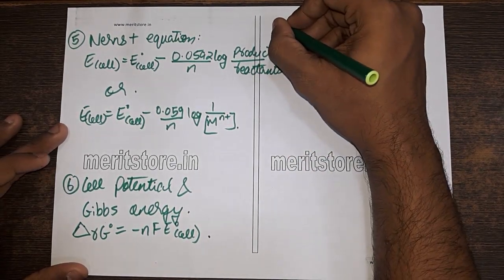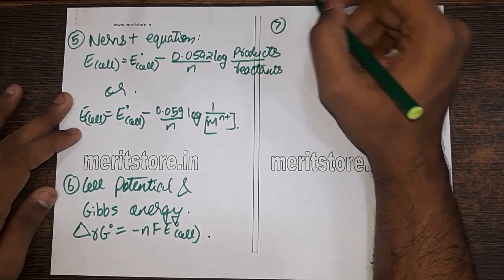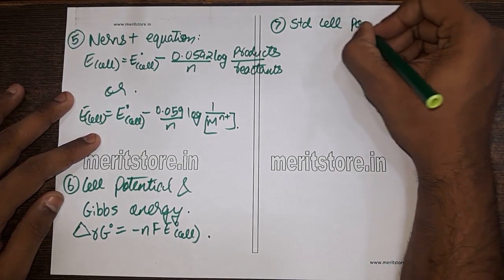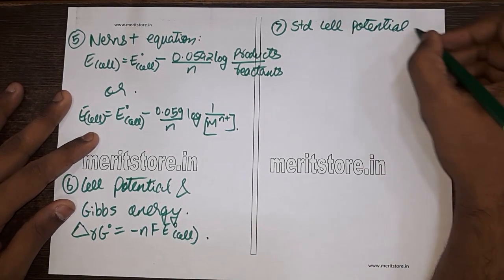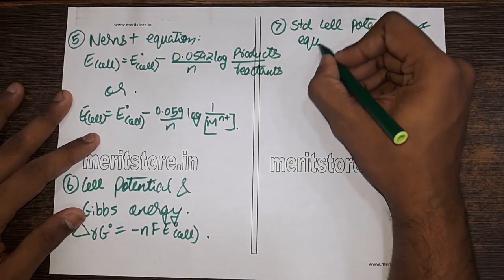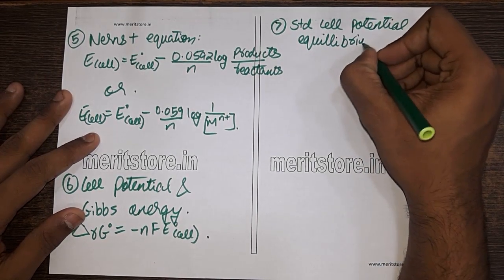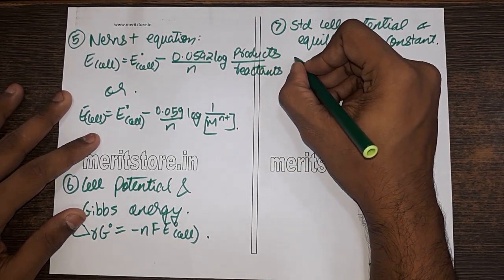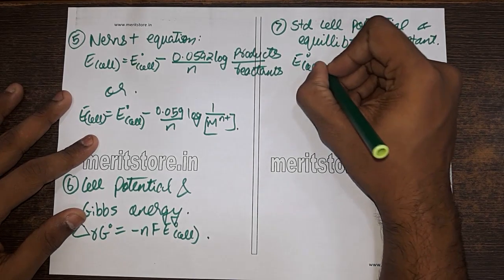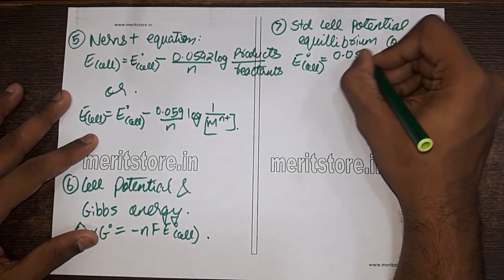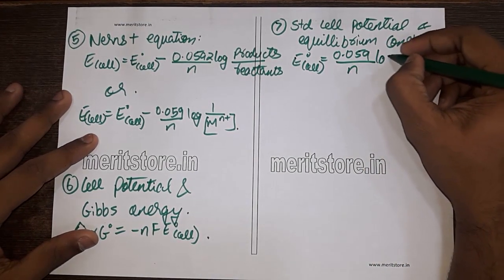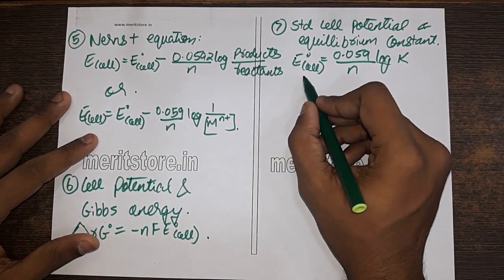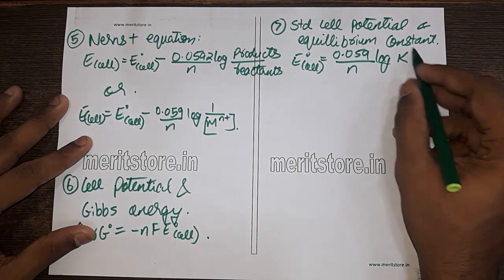Next, we calculate the standard cell potential and equilibrium constant. It can be calculated by the following formula. E degrees of cell is equal to 0.059 by N log K, where E cell is 0 at equilibrium and K is the equilibrium constant.